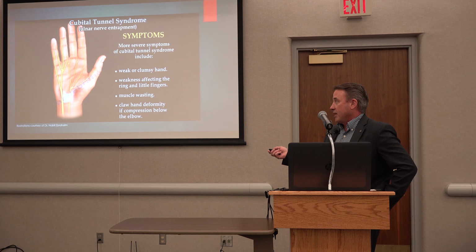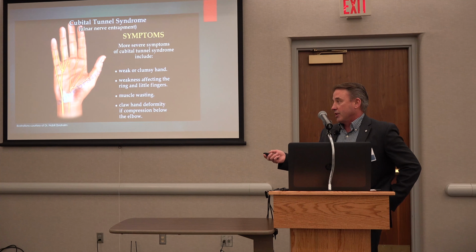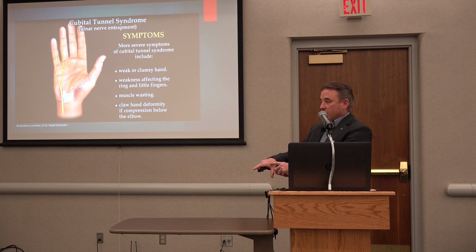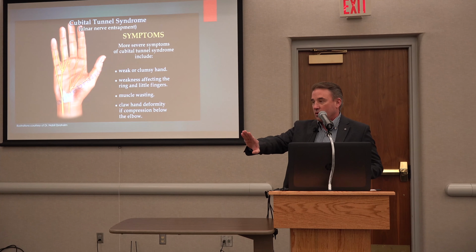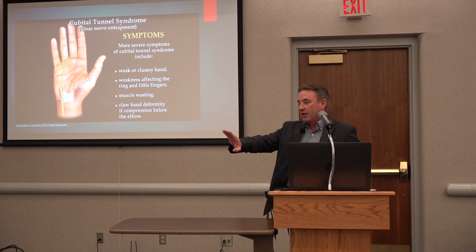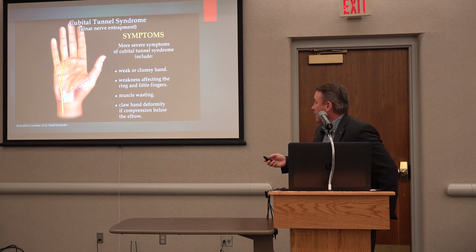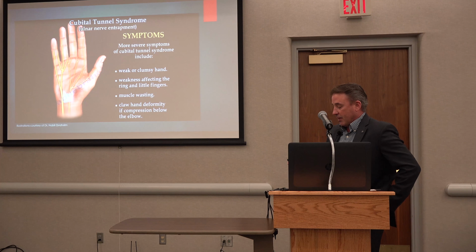If they come in late, in severe stage 3, they'll have atrophy of their hand, and you'll see first dorsal interosseous muscle atrophy. They'll end up having what we call Wartenberg's sign, or the small finger drifting. When it's severe, they get clawing. And if you see a patient at that stage, the prognosis is very poor.